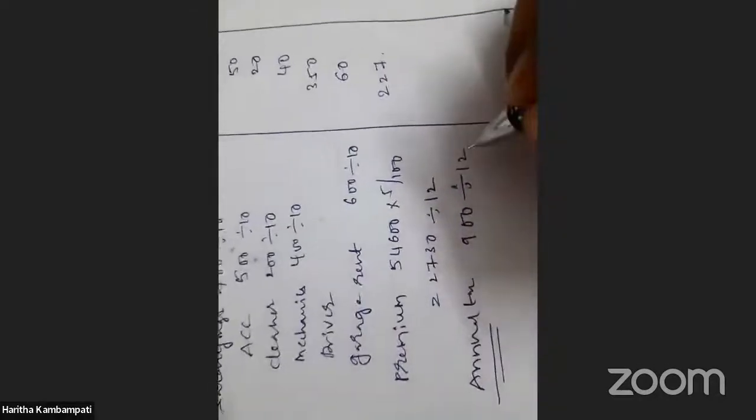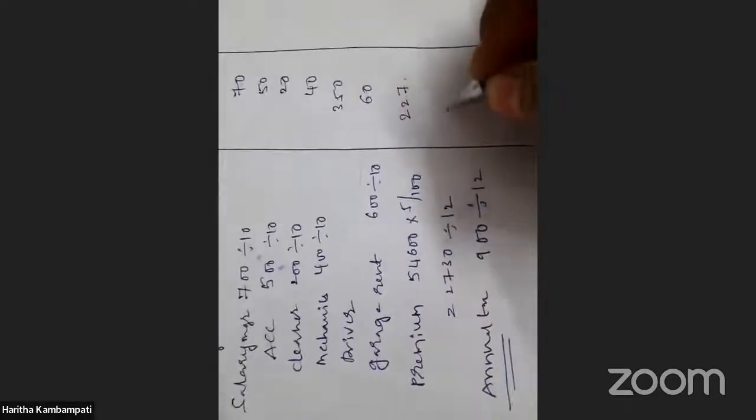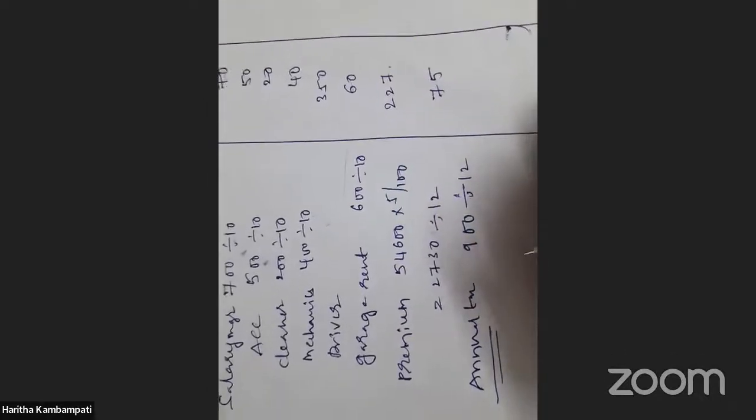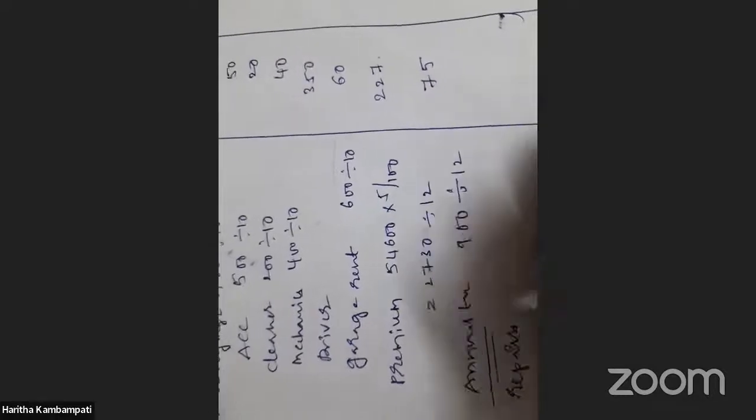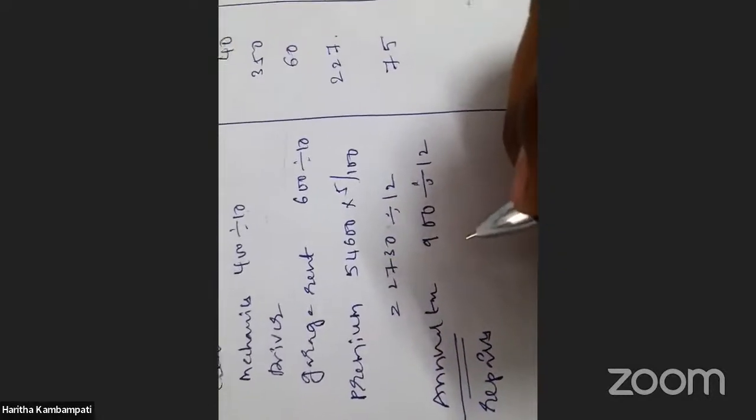So it should be divided by 12. Repairs. Annual repairs, standing repairs, meaning fixed repairs, they are 13,000 per taxi. So if you sum these expenses, it will come to 975.